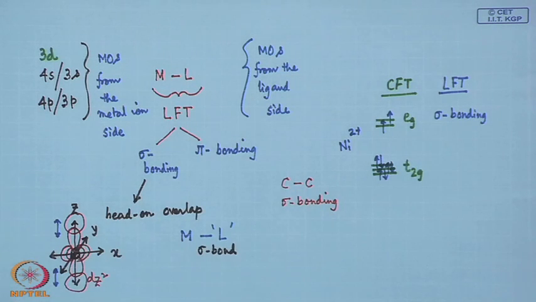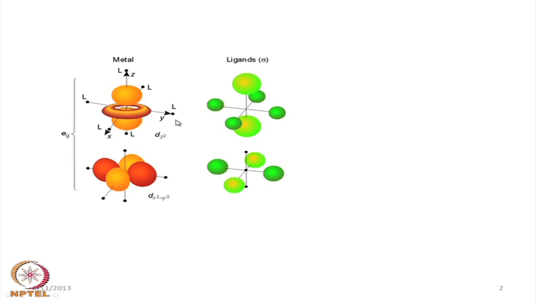These two orbitals, the dz square and dx square minus y square, have lobes along the z axis and a symmetric circular lobe along the x and y axes. So, we have the electron distribution available along the z axis, and the corresponding ligand symmetry orbital will only face these two as well as these four.